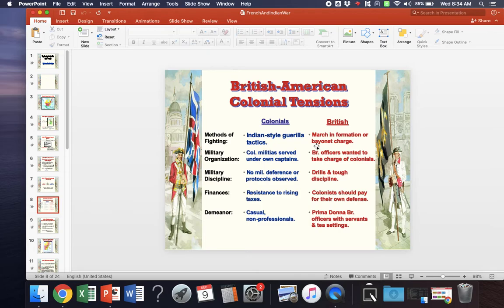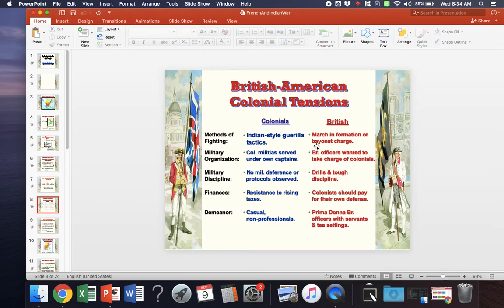Military organization, colonial militia served under their own captains. So these were more like what we think about as like guard troops, right? That they serve in their neighborhoods, in their communities with people they know. British officers want to take charge of the colonials, and that is going to be a very big sticking point.